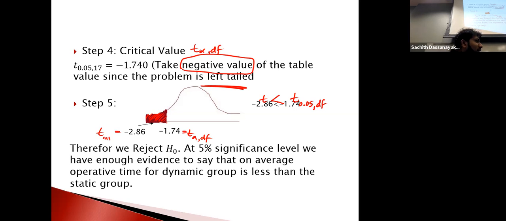Okay. Most of the time, not in the homework questions, it is really hard to identify this based on sigma. Yes, sigma 1 and sigma 2 are unknown, but whether they are equal or not is sometimes not mentioned.